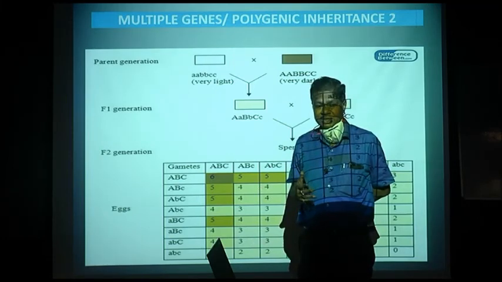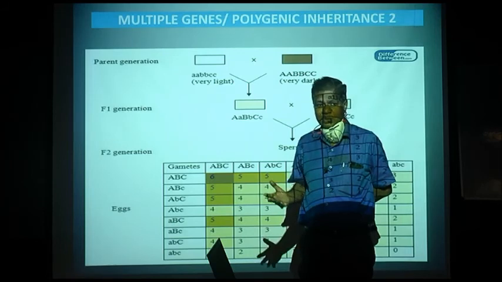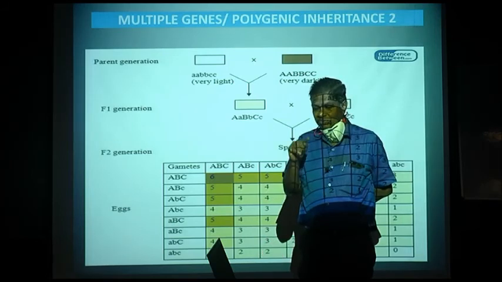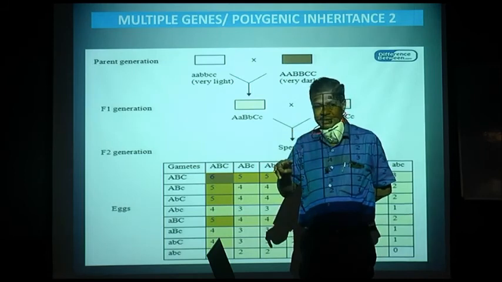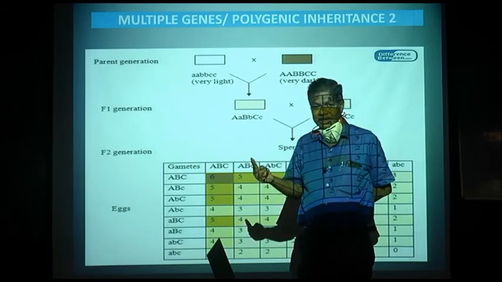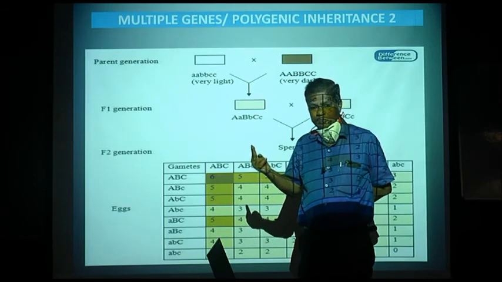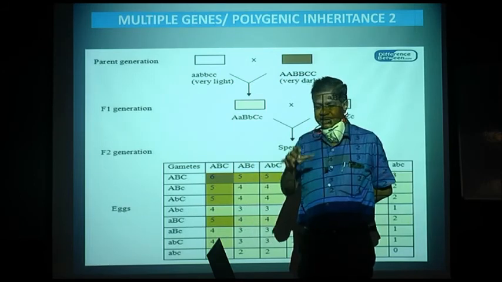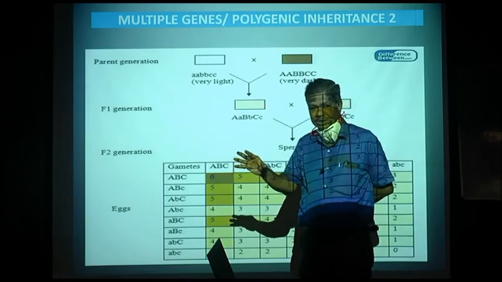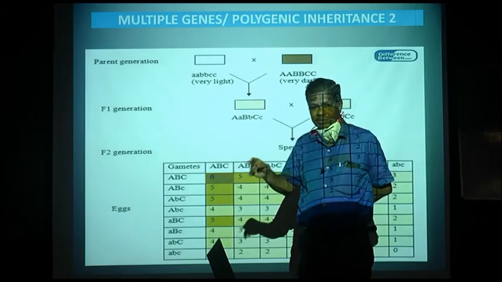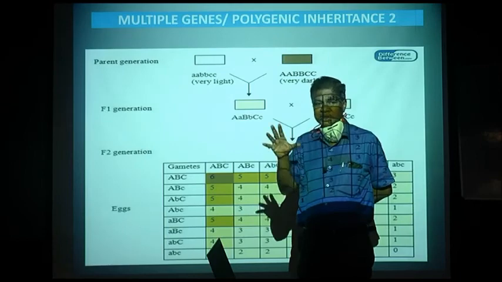This is because in incomplete dominance, there is 1 pure, 2 hybrid, and 1 pure, that is red pure, white pure, but pink is impure in the hybrid.